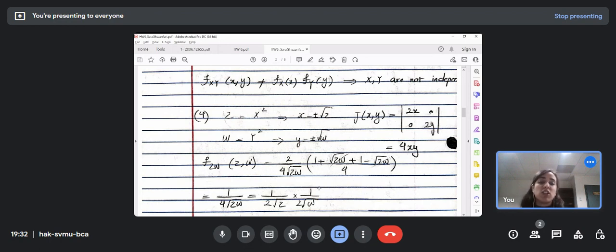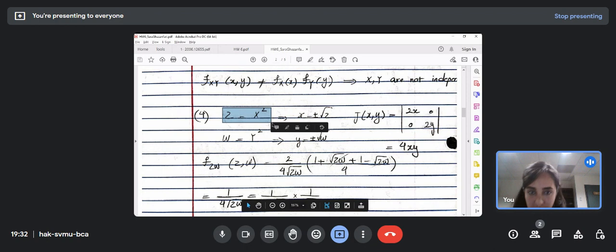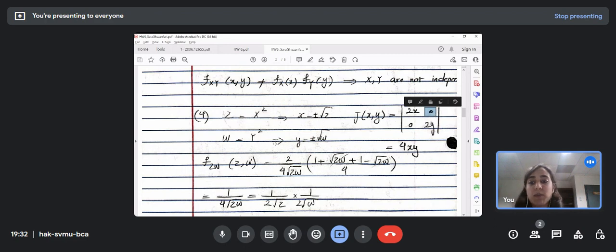And then we should calculate the Jacobian matrix, which has the partial derivative of z with respect to x, which is 2x, and the partial derivative of z with respect to y, which is 0, and the partial derivative of w with respect to x, which is 0.